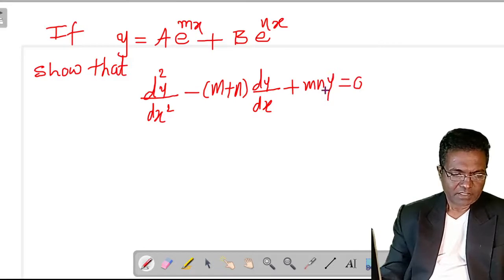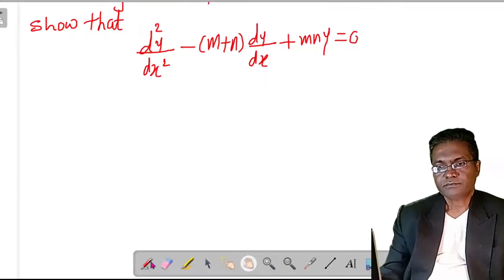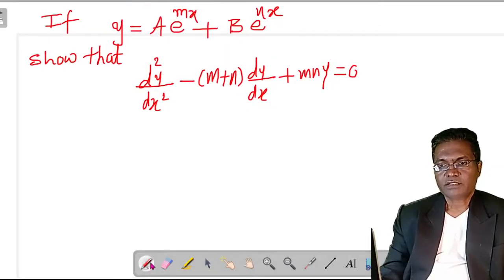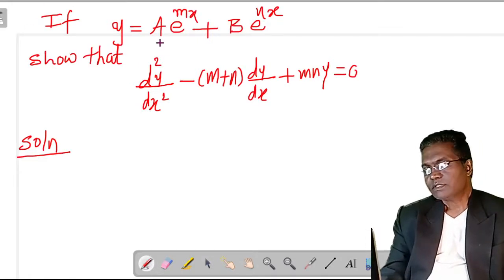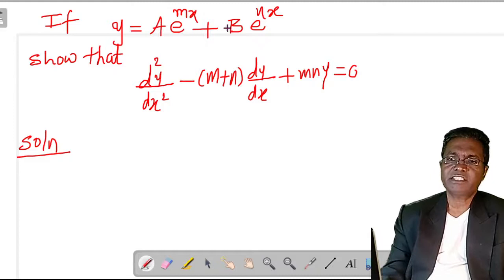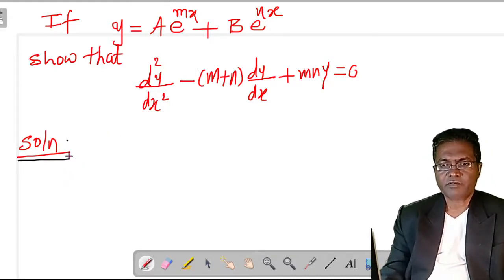Okay. One such example I have done by taking specific constants here. In the same way, you have to perform this.